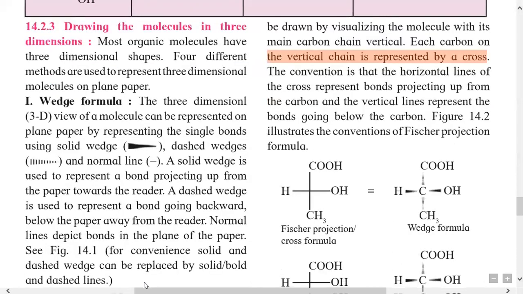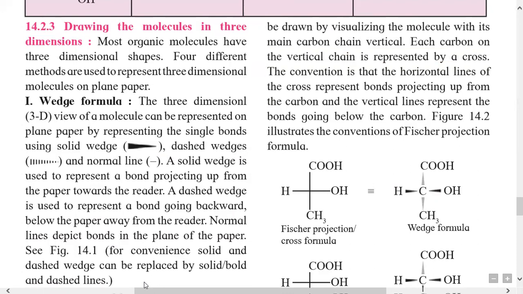This is shown clearly in this diagram, that is, in the wedge formula. This solid wedge, these are the horizontal lines, and that represents the bond projecting up, and the dashed wedge, these are the vertical lines that indicate the bond going below the carbon.